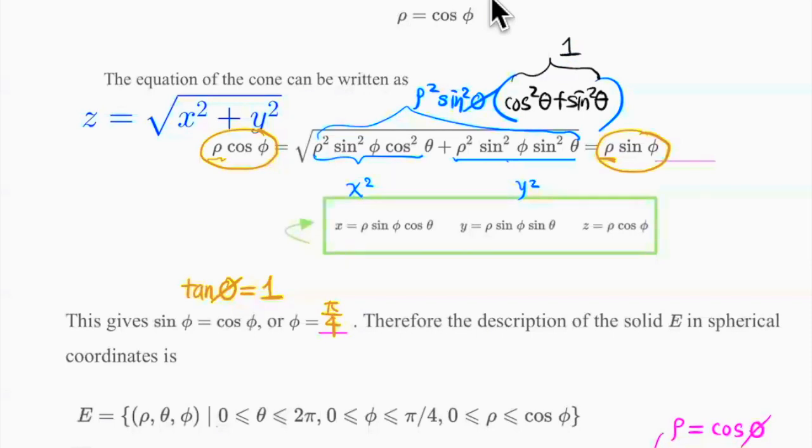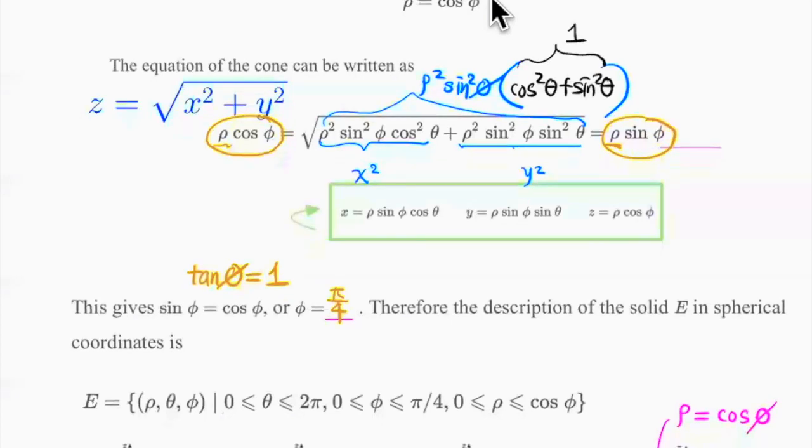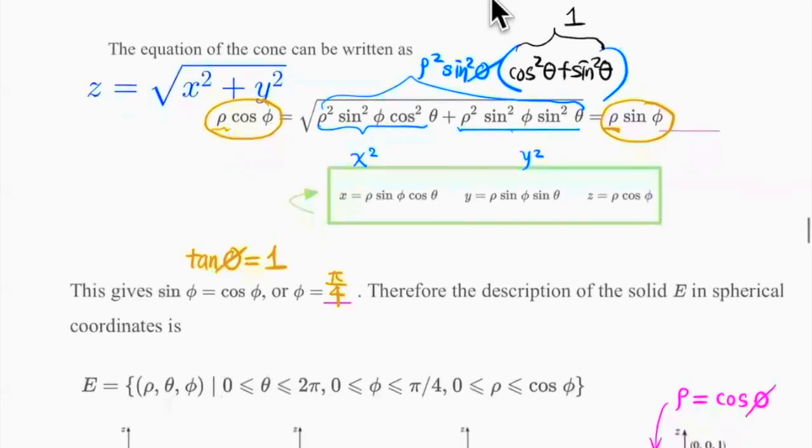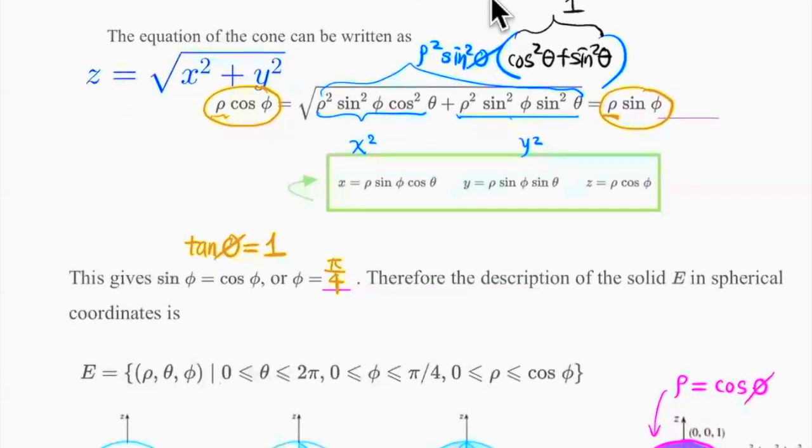So the square root of rho squared sine squared phi is equal to rho sine phi. These two are equal. Divide both sides by rho because rho is not equal to 0. We get cosine of phi equal to sine of phi, which means tangent of phi equal to 1.